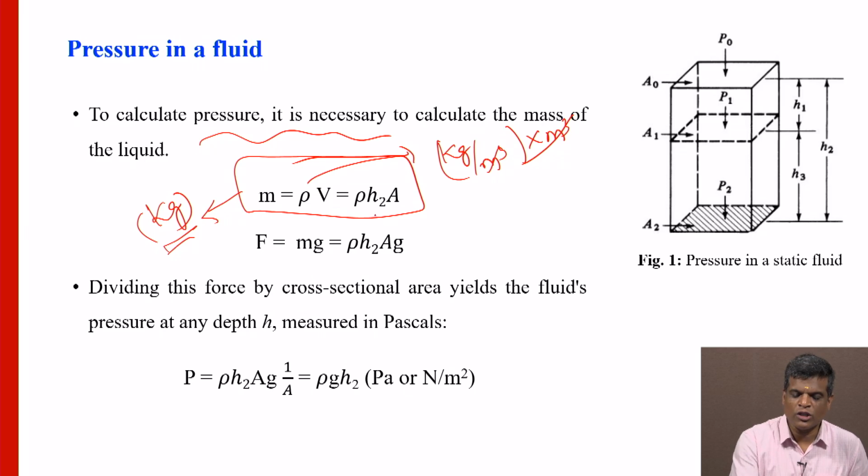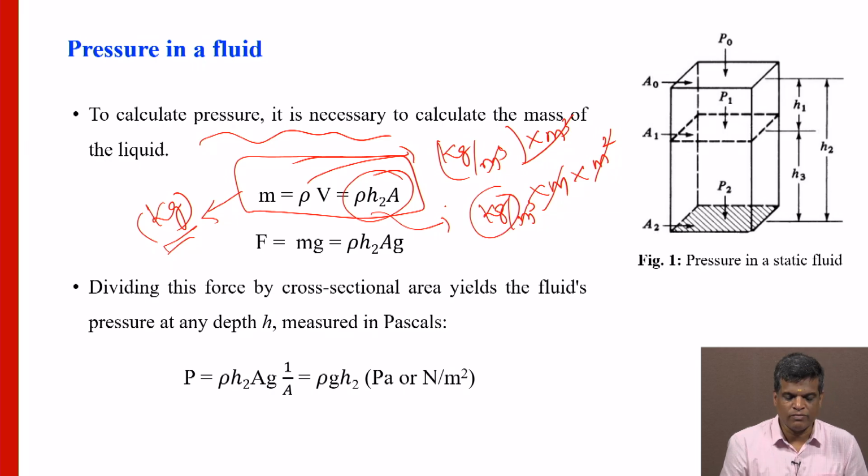So the mass is rho h A. Here rho is density in kg per meter cube, h is the height of the liquid column in meter, and A is area in meter square, again giving kg, that is mass.